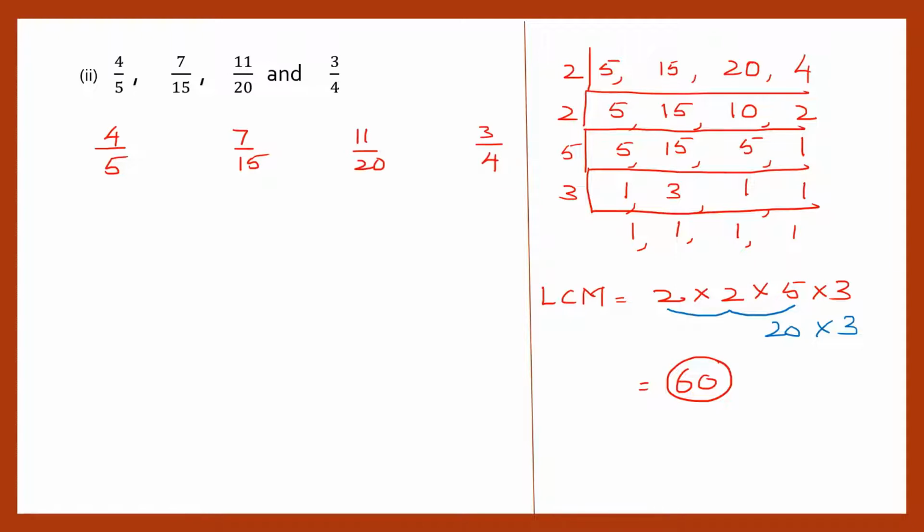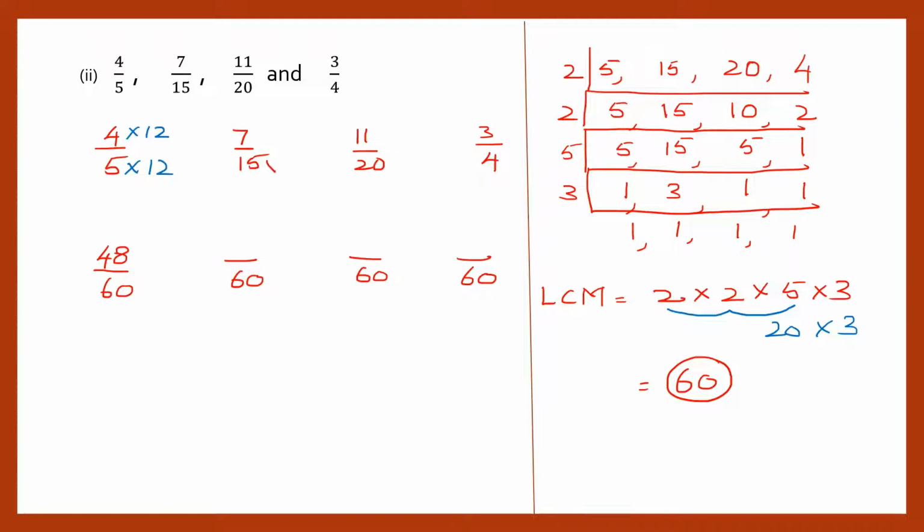And now the new denominators for all these fractions are going to be 60. Let's find the new numerators now. 5 into what will give us 60? 12 fives are 60. So we multiply 4 also by 12. 12 fours are 48.